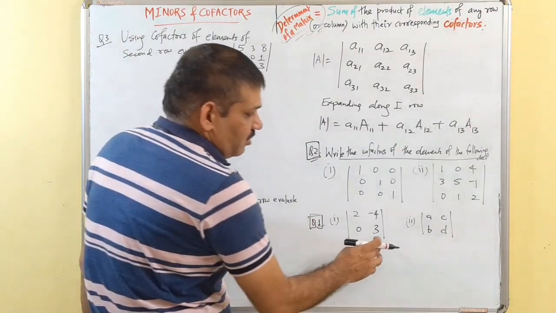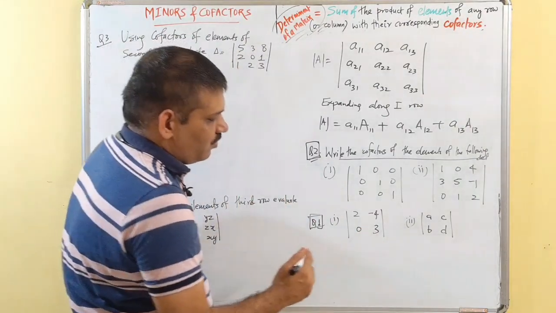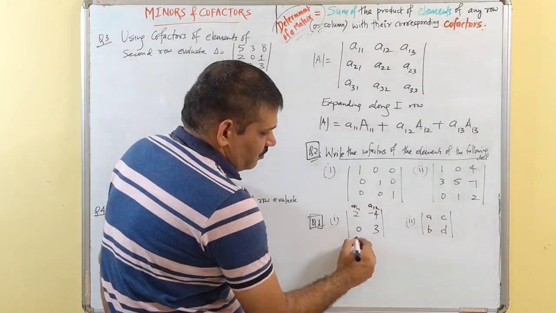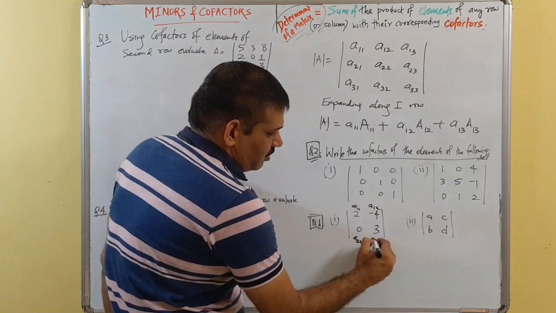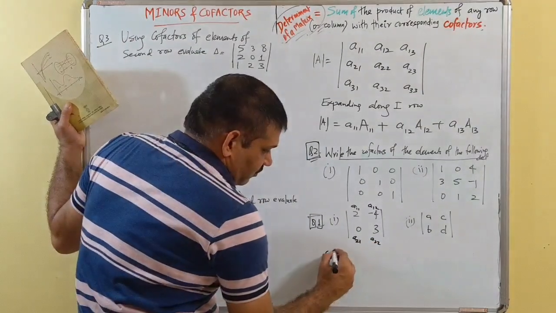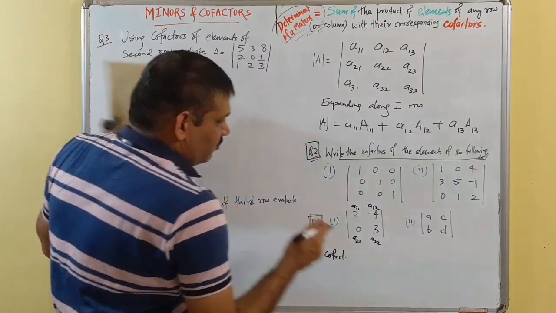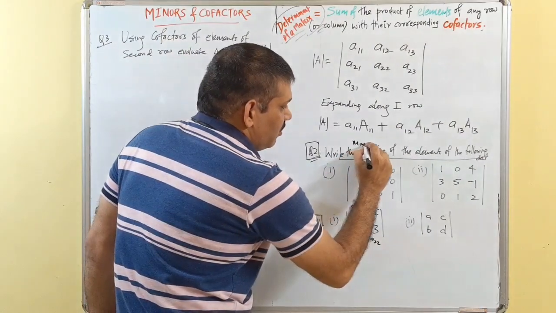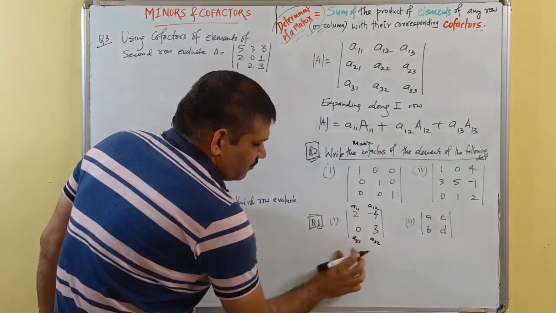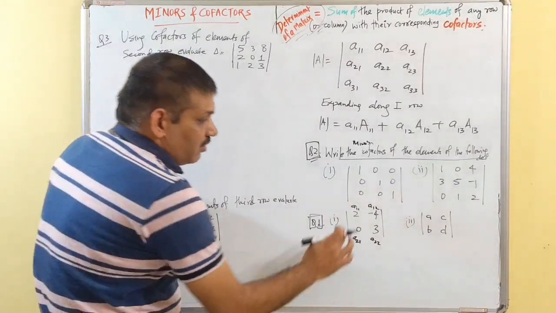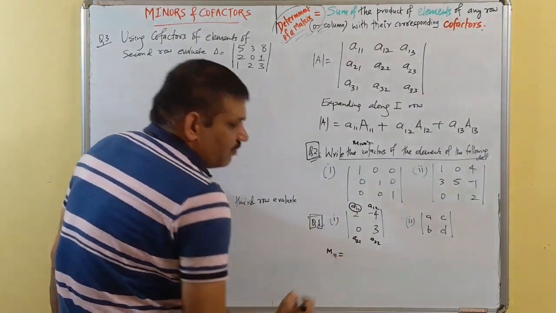We are to write the cofactors. So first of all, this position is A11, A12, A21, A22. We write the minors and cofactors. First, the minor M11. How will the minor be found?